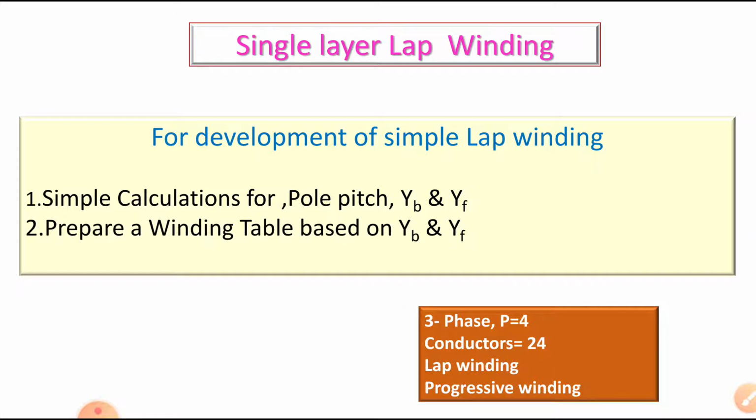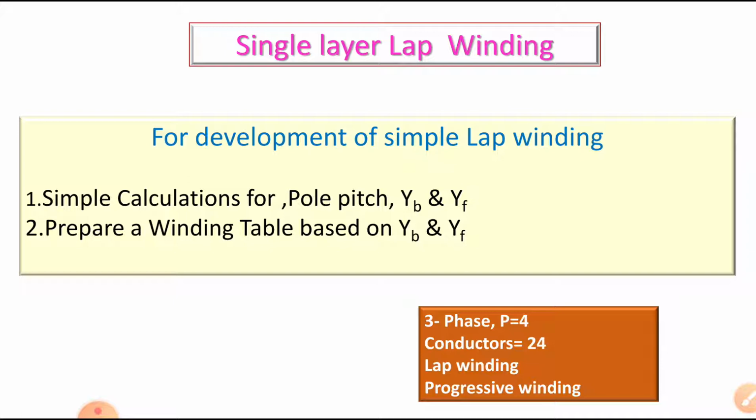After knowing the simple calculations, then prepare a winding table based on the back pitch and front pitch. Here, in addition to the winding table, we are going to make another simple table that we can call a conductor distribution table. Here we make it to avoid any confusion, to show how the conductors are distributed in the slots.